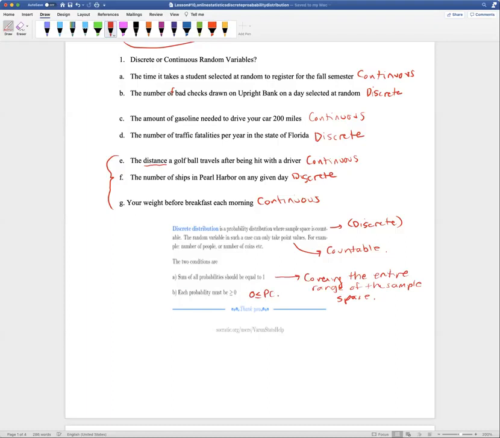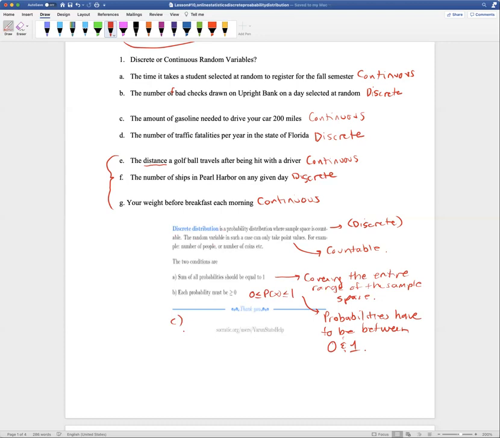Okay, something else that we have to check for, remember, is that probabilities have to be between 0 and 1. 0 ≤ P(X) ≤ 1. Probabilities have to be between 0 and 1. And the last thing we have to do is make sure the variable we're dealing with is discrete.